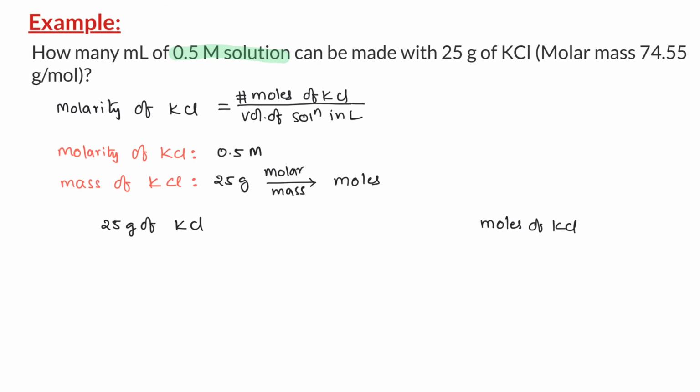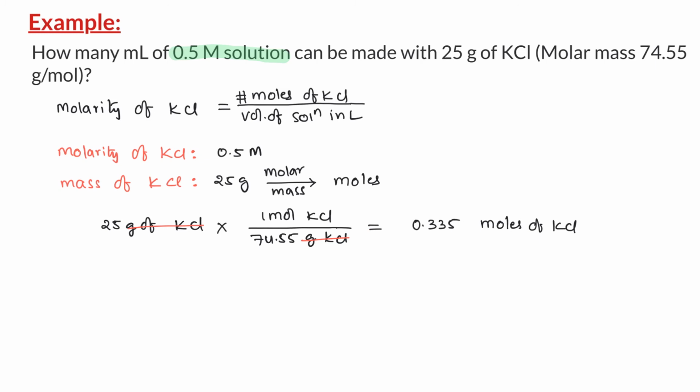We multiply it with a conversion factor that has grams of potassium chloride in the denominator and moles of potassium chloride in the numerator, that is 1 mole per 74.55 grams. Grams of potassium chloride gets cancelled and if we do the math, we get 0.335 moles of potassium chloride.